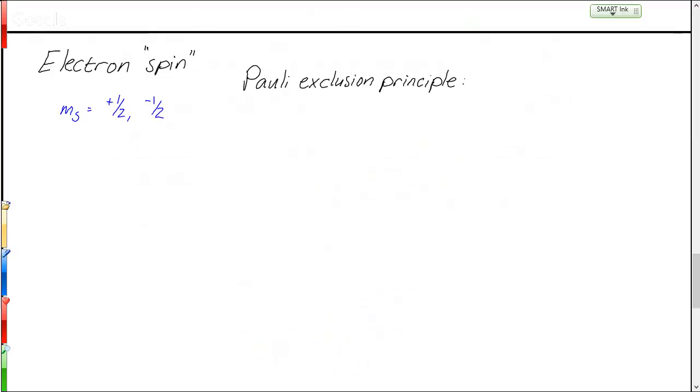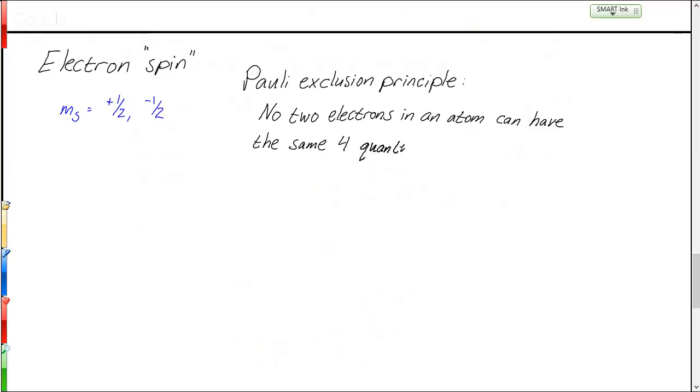So the Pauli exclusion principle just says no 2 electrons in an atom can have the same 4 quantum numbers. No 2 electrons in an atom can have the same 4 quantum numbers.